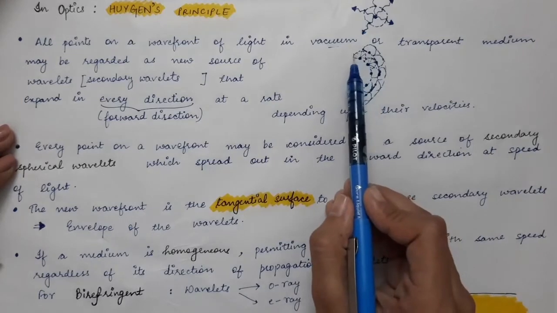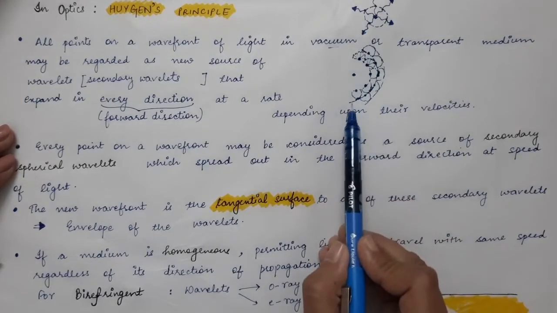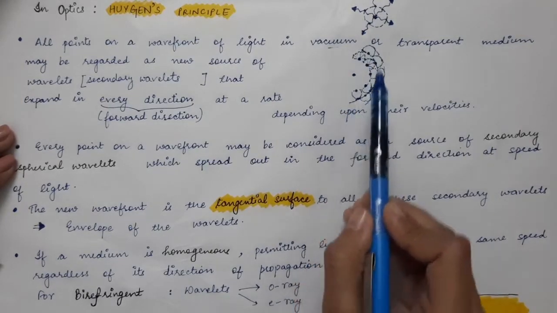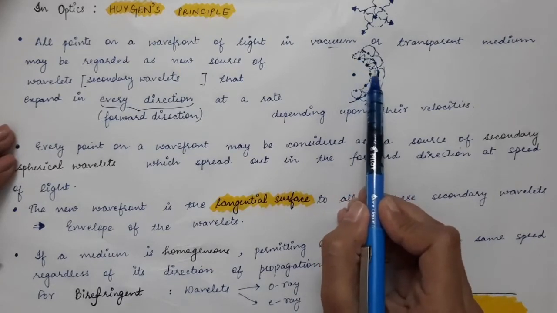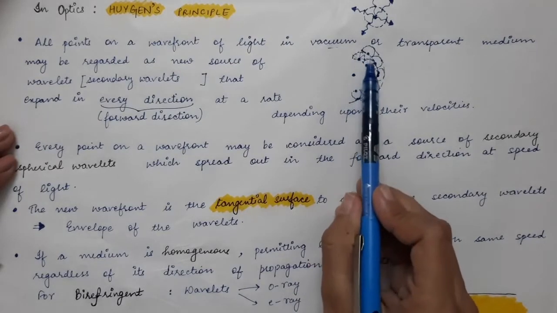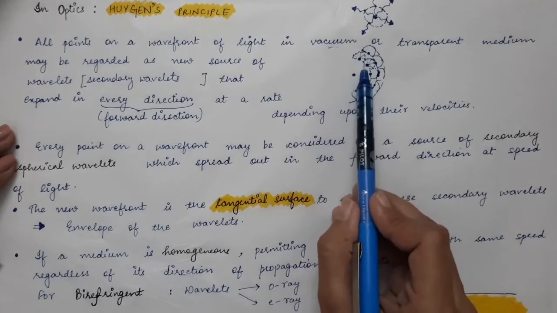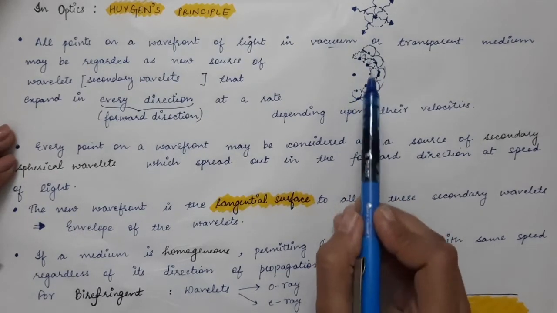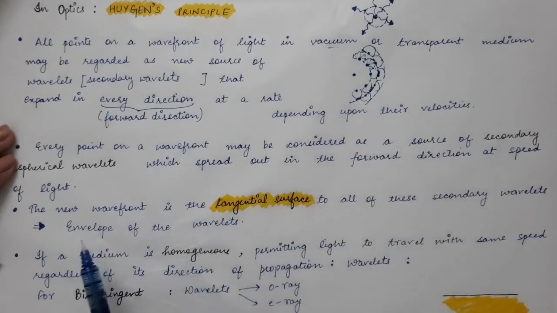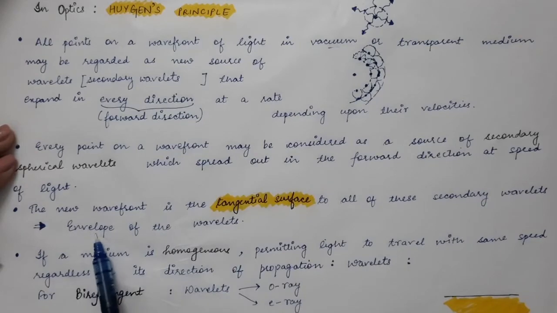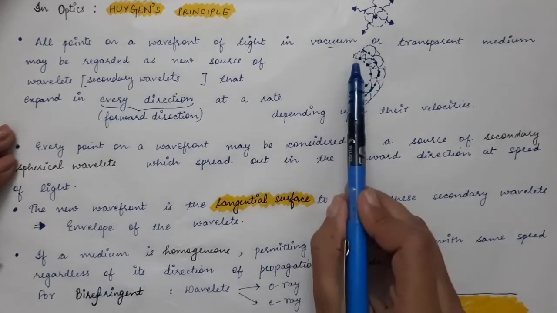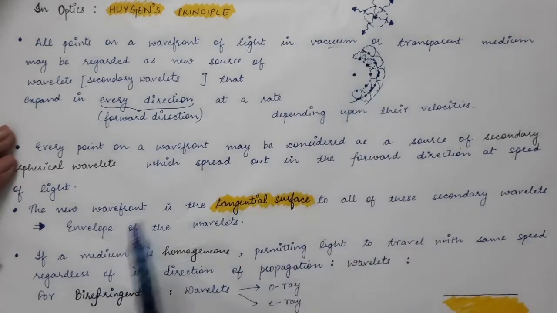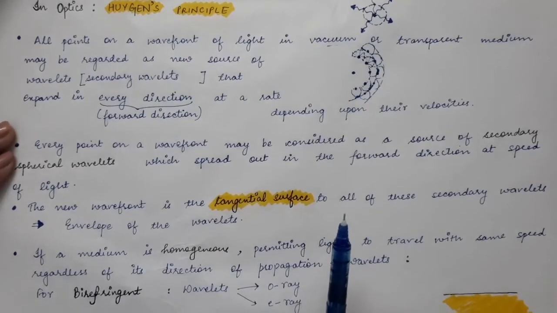Now as you can see, in this new wavefront all these secondary wavelets are enclosed. So this new wavefront encloses all these secondary wavelets in itself. Therefore, the new wavefront is also called the envelope of the wavelets. So it includes all the spherical wavelets in itself. Therefore, it is called the envelope of the wavelets.